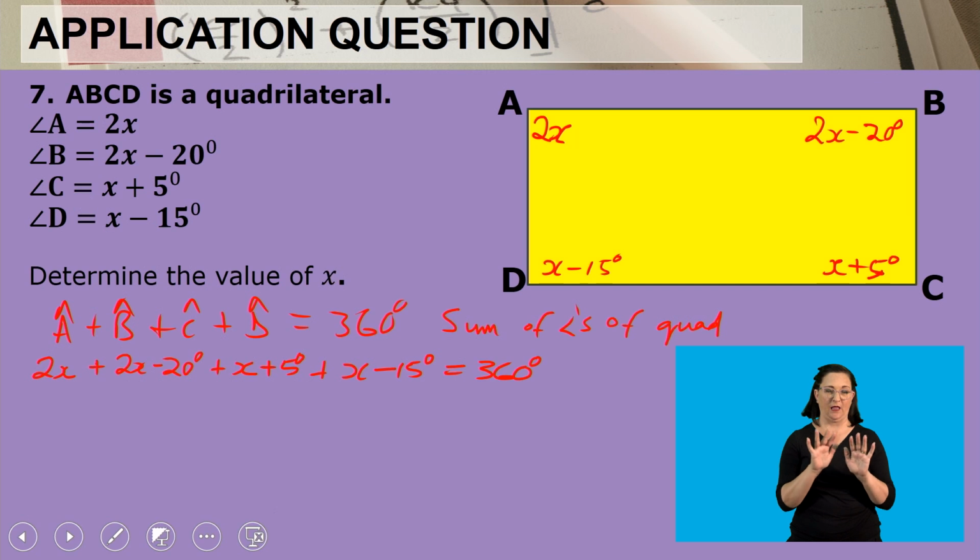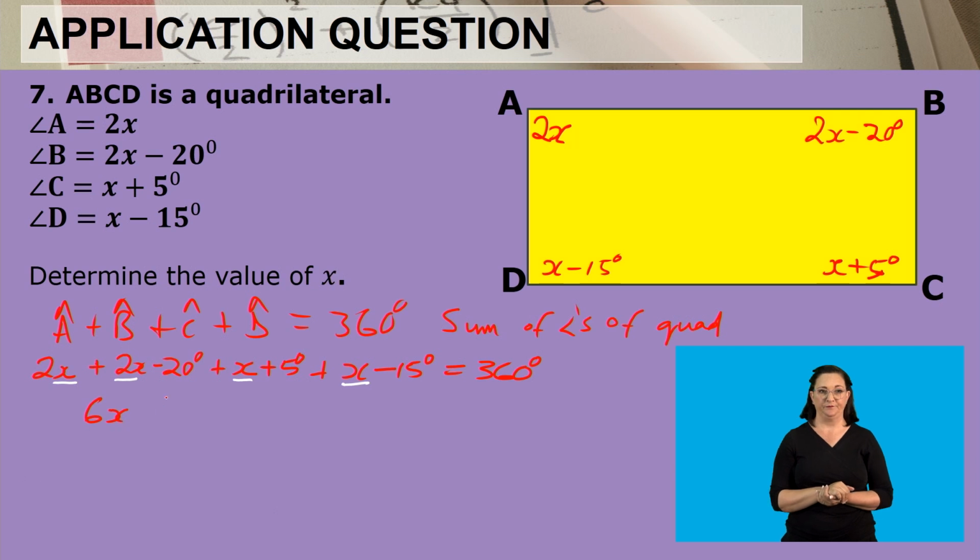Let's change color just to highlight our like terms, which are our values of x. That would be 2x plus 2x is 4x, plus x is 5x, plus x is 6x. So all the x's added together give us 6x. Then negative 20 plus 5 would be negative 15. Negative 15 and negative 15 give us negative 30 degrees, which equals 360 degrees.